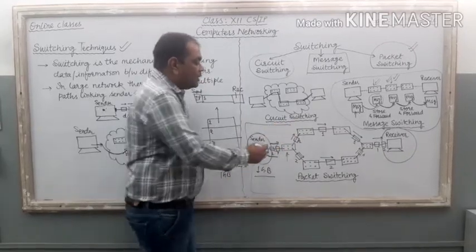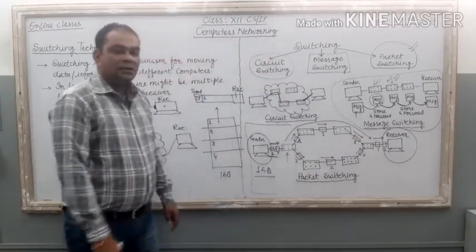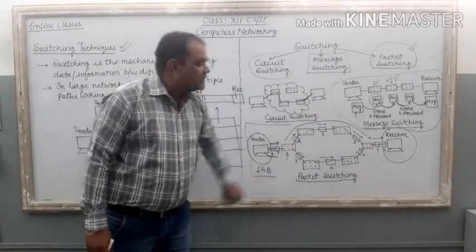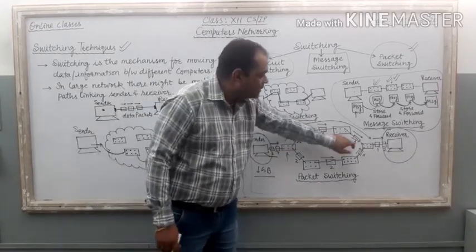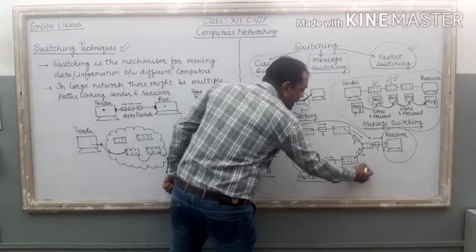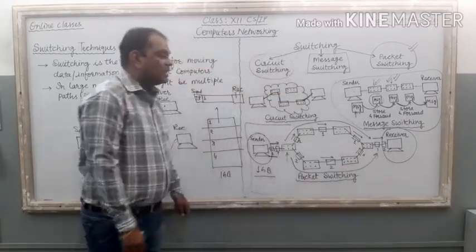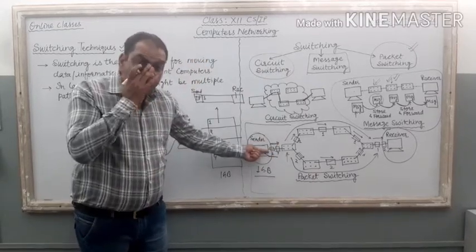First packet use this path to reach towards the receiver. Here it is the first packet. It travels from this particular path. The second packet, it use this particular path to reach towards the receiver. So 2 packets distributed from the sender.